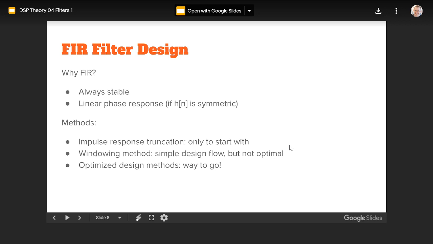Always stable, meaning that basically you cannot get oscillations out of FIR. That's a good thing sometimes, especially if you have a very complex system. Then an FIR filter could be the choice because it's always stable.